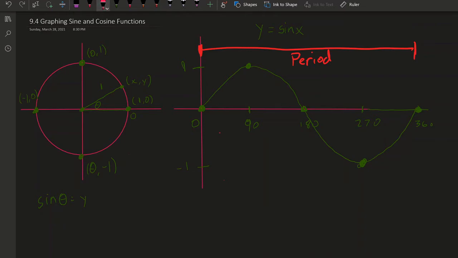Another thing that I want to talk about is there is this line right here that it kind of seems to oscillate around. So right here, this is 0 in this case. But this line, it goes up, it goes down, but it always returns to this line. This is called the midline.